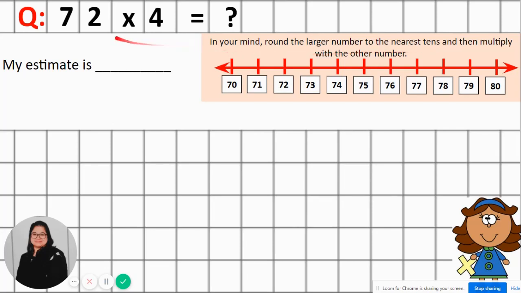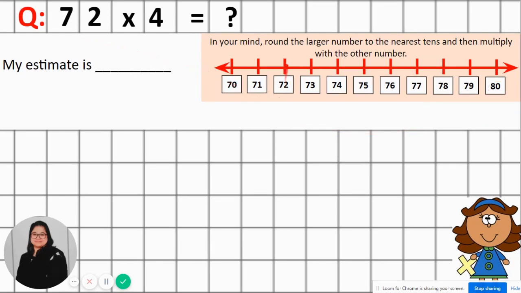Closest tens means which are the tens which are closer to this number. It would either be 70 or it would be 80. It will not be 90 or 60 because closer to this number is either 70 or 80.